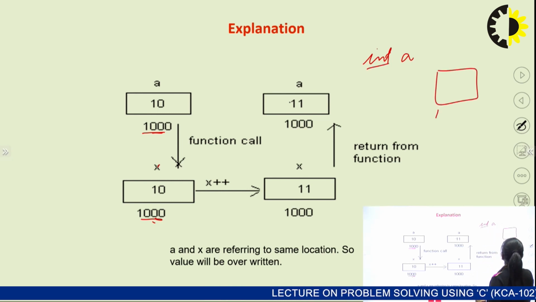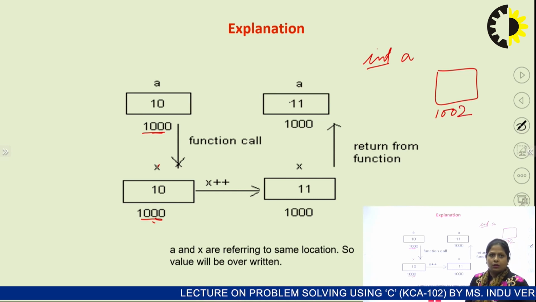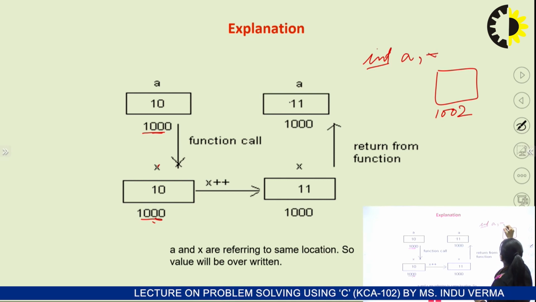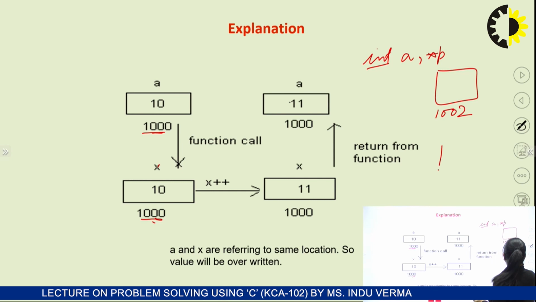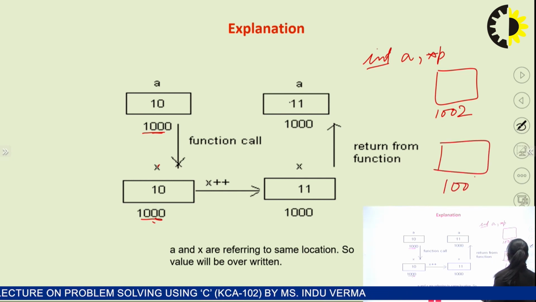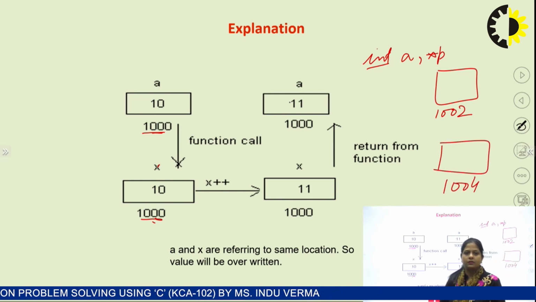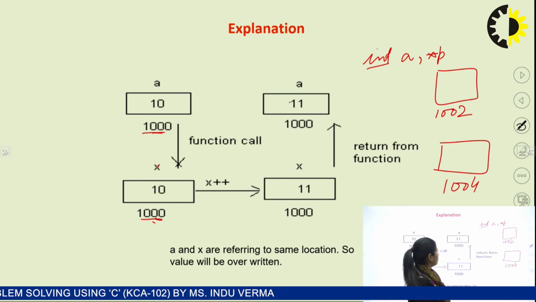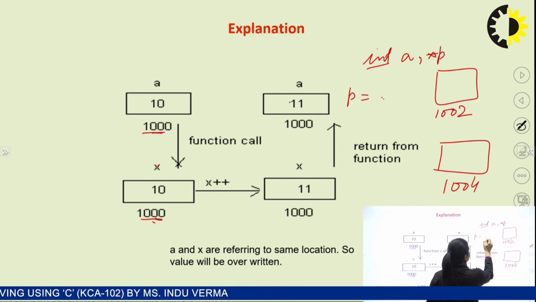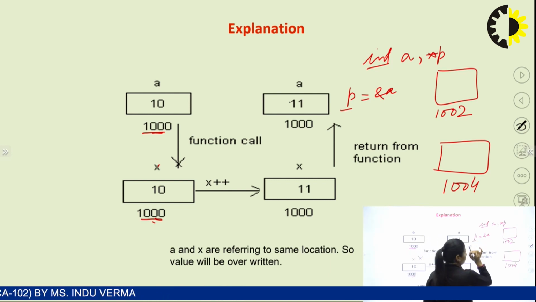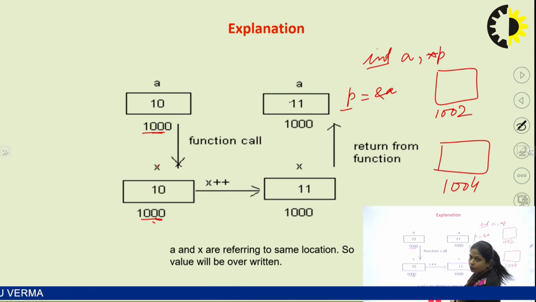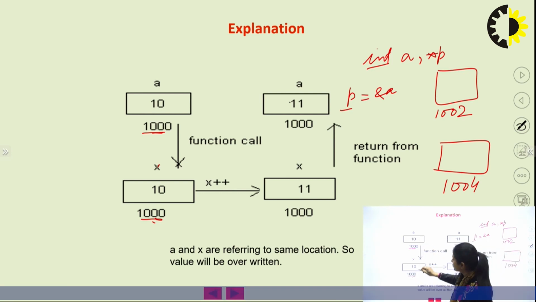For example, it is 1002. Now, if I write pointer p, again it will also be having some address in the memory, but once I am writing p is equal to address of A, that means this p is having the address of A, right. So, that is what we are showing over here, right.